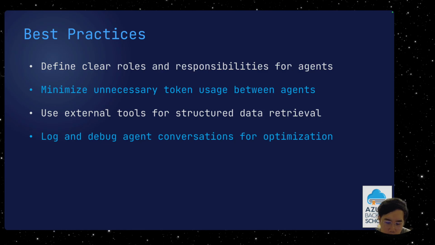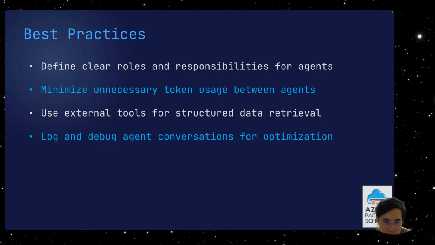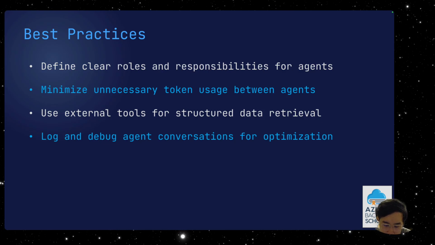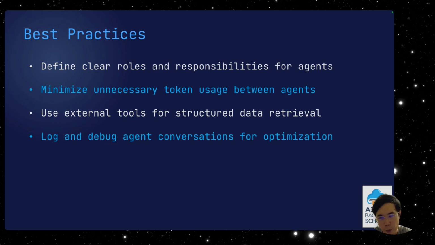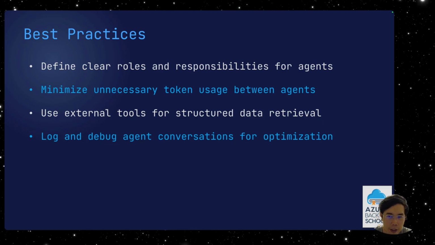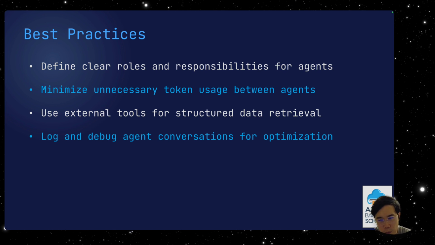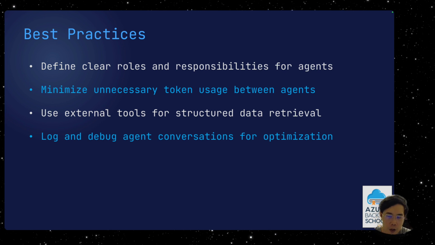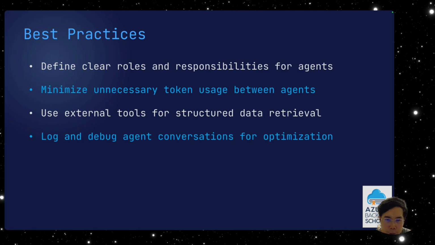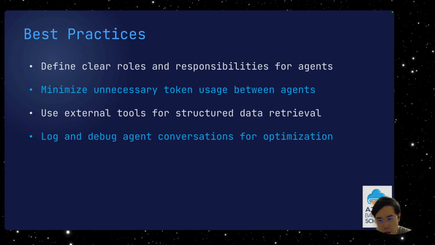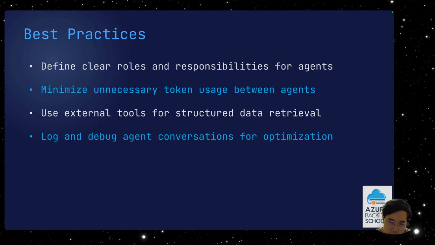And we try to minimize unnecessary tokens used between agents, so you have to mention things clearly, break them down, and have keywords. Also we can use an external tool, the functional tool, to do structured retrieval. And also with the console, you can log and debug the agent conversation and optimization.